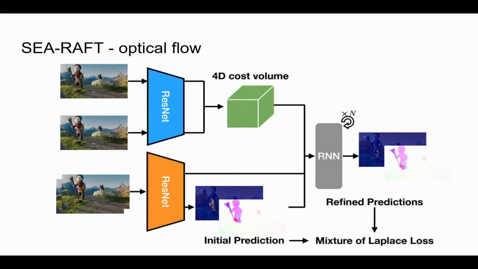If I look, for example, at CRAFT, what this network does is take two images, process them using some backbone, something like ResNet, and create a feature representation for each of those images. So let's say every 8 pixels, you get a feature vector.